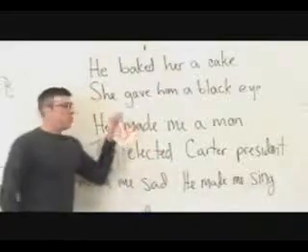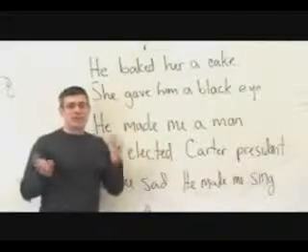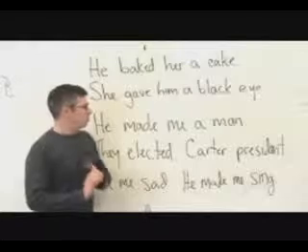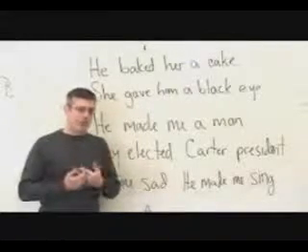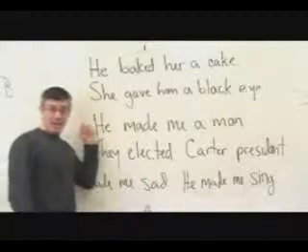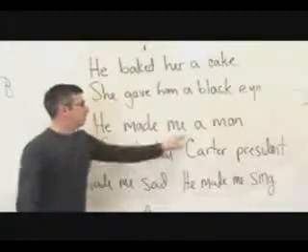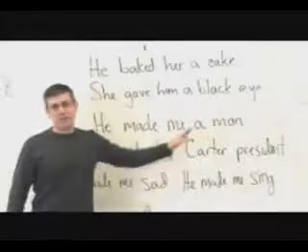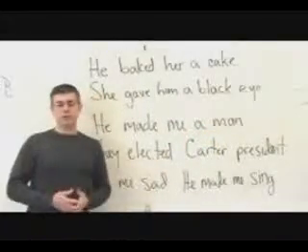And because objective complements and indirect objects can produce similar looking sentences, a lot of sentences can be read two ways. So for example, he made me a man. Remember that one. If we read a man as the objective complement, that means he turned me into a man.